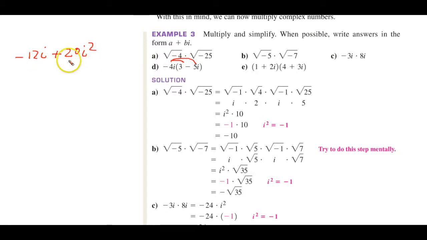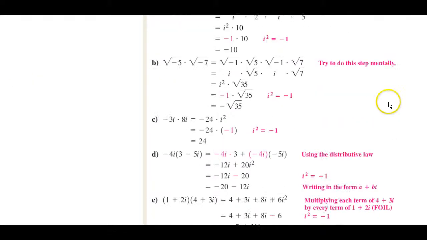Again, if you put that in, they're going to count it wrong because i squared is a negative 1. So you write the negative 20, that'll change this to a negative 20, minus 12i, which is now in the form a plus bi. And that's what they're looking for. So let's just raise that up so we can see it.